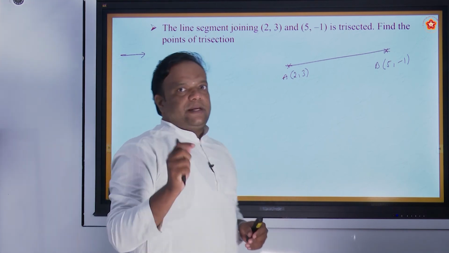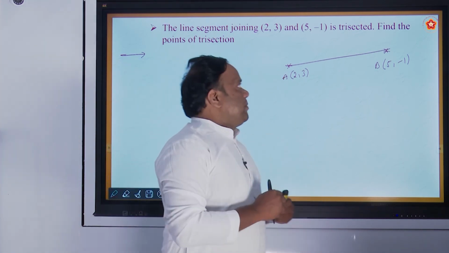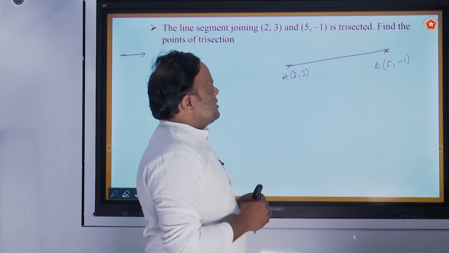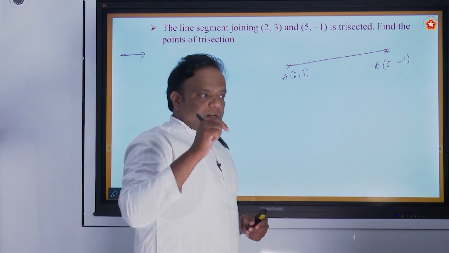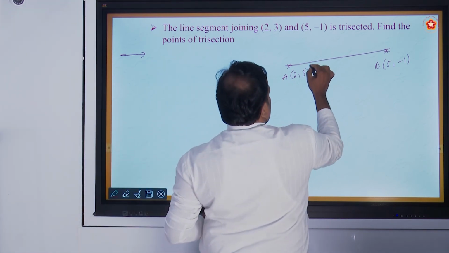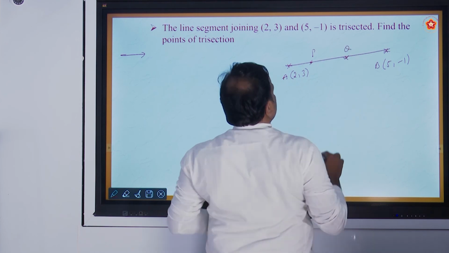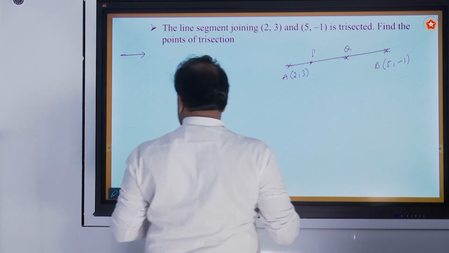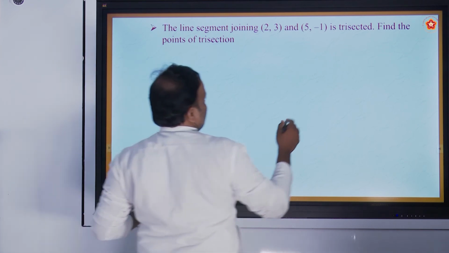Trisected is nothing but making this line into 3 equal parts. Find the points of trisection. You have to find the points of these 3 equal parts. So I give here P, Q. Correct, no? So observe here. You take 3 equal parts, which means you draw a figure like this.